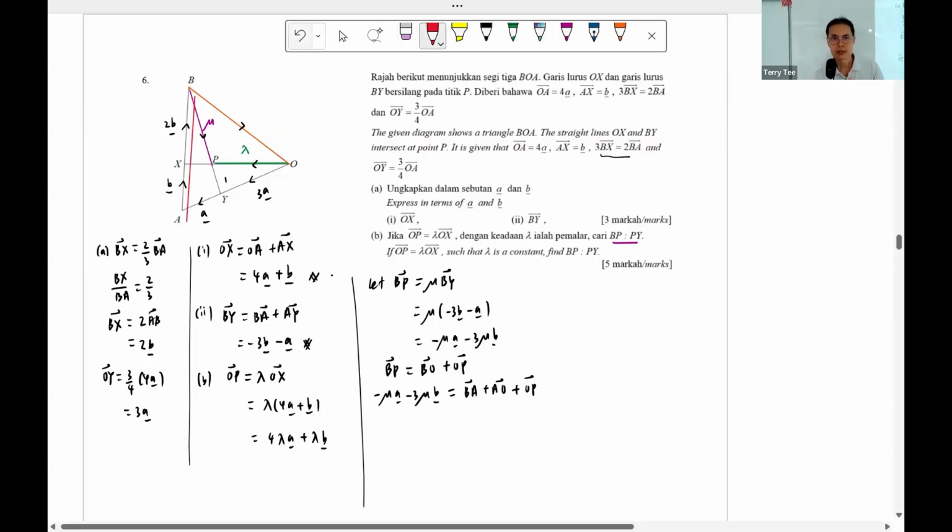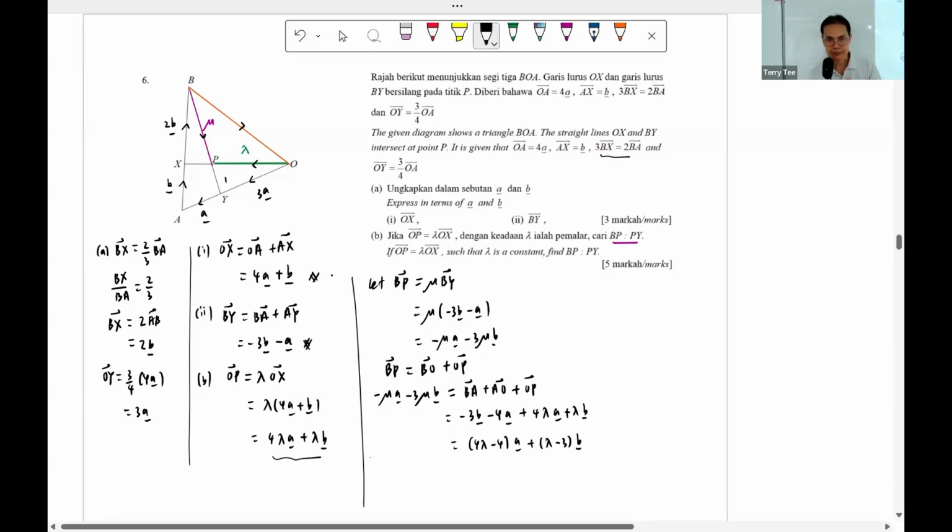So let me write this down. Negative 3B, negative 4A. What's my OP? My OP is here. This one is 4 lambda A plus lambda B. Group all the A together. So it's 4 lambda minus 4 A plus lambda minus 3 bracket B.